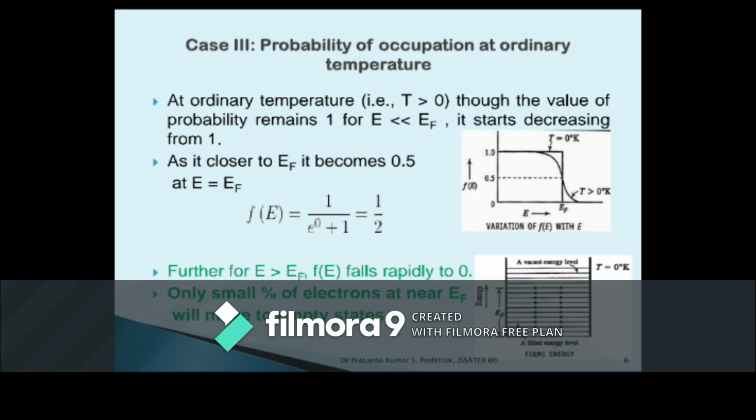Therefore, the curve in the first diagram gets a bent tail as temperature is increased. At T greater than 0 K, the electrons much nearer to EF will take part in getting into the vacant sites. Only a small percentage of electrons near EF will move into the empty states. We'll understand this better in one more diagram.